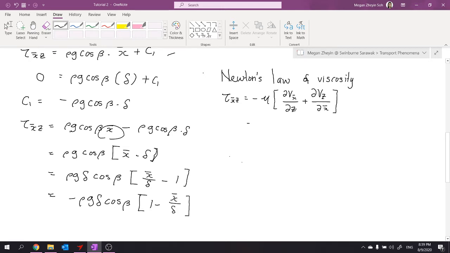Then over here we have Newton's law of viscosity given as such. Now dvx over dz should equal 0, right? Because there is no velocity in the x direction.